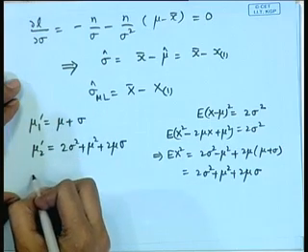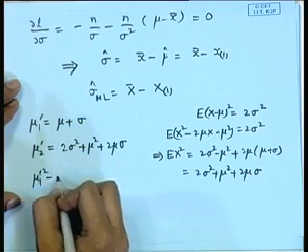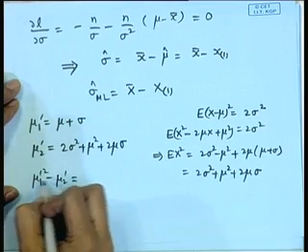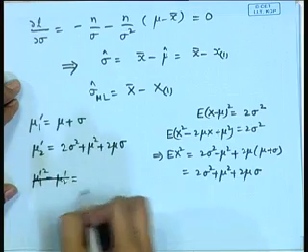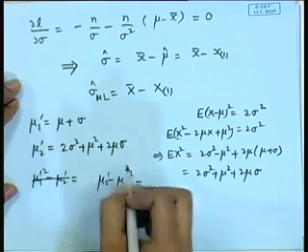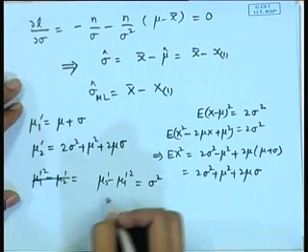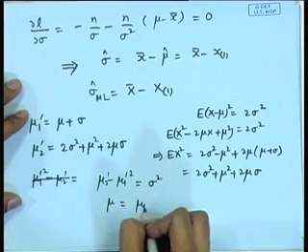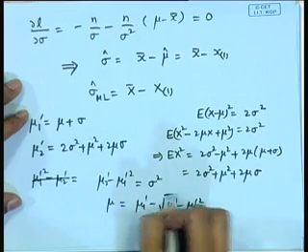Now, if we consider mu 1 prime square minus mu 2 prime, rather I consider mu 2 prime minus mu 1 prime square, then that gives me sigma square, and therefore, mu becomes mu 1 prime minus square root of mu 2 prime minus mu 1 prime square.